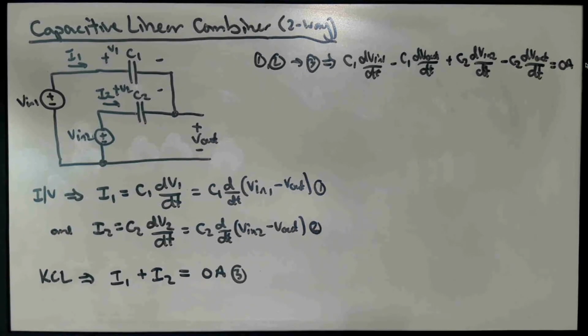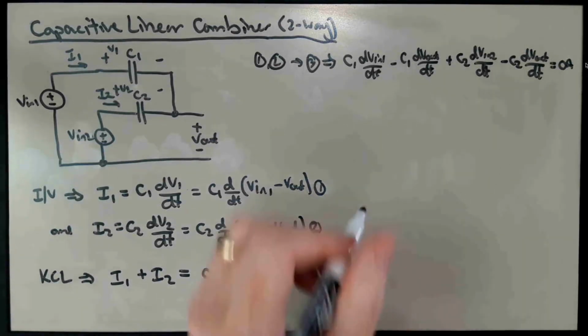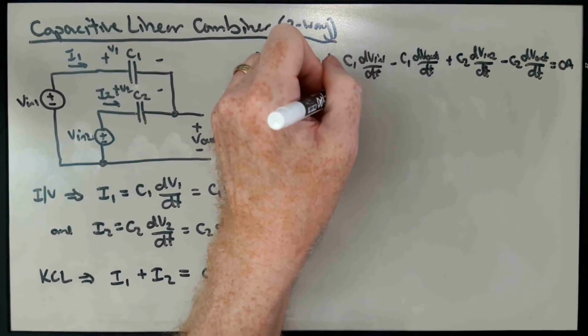We're going to collect the dVout/dt terms onto one side of the equation, and then we're going to leave the dVin terms on the other side, and we're going to put the out terms on the left-hand side, so we're going to solve for Vout. That's what we're interested in here.